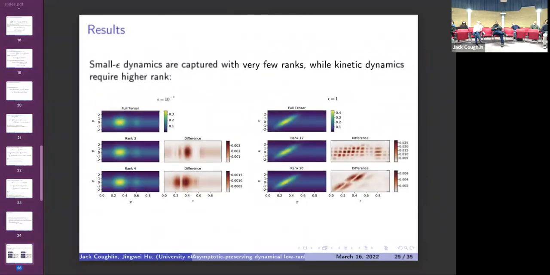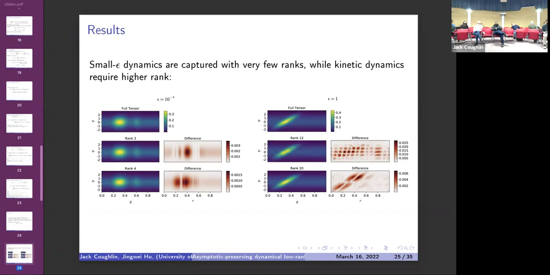Okay, so some numerical results. I said that the small epsilon dynamics should be captured with very few ranks. So here we see that it does pretty well at rank 4, and it's sort of already saturating rank convergence. If we went much higher, it wouldn't be better. On the other hand, in this kinetic regime, so this is epsilon 10 to the minus 6, this is epsilon 1.